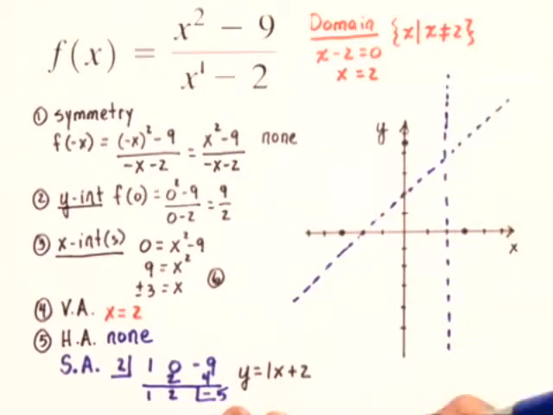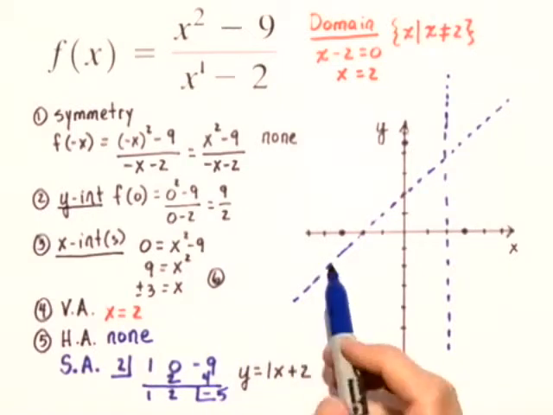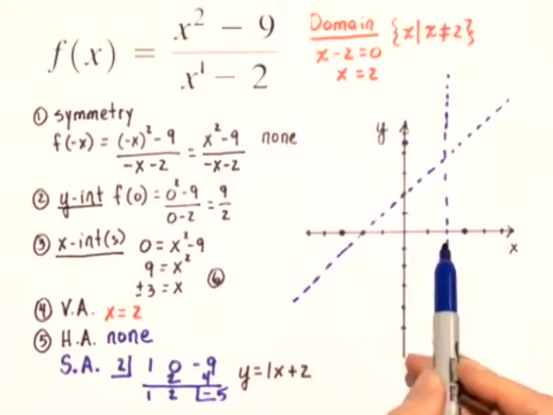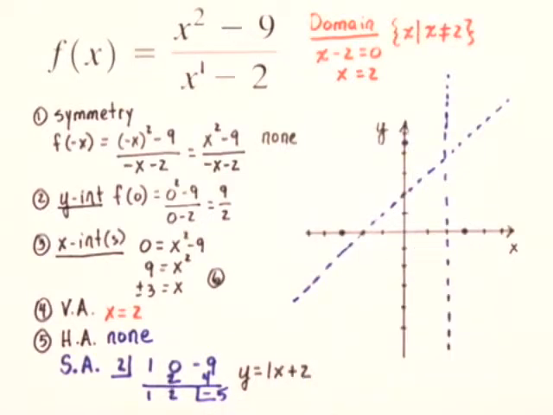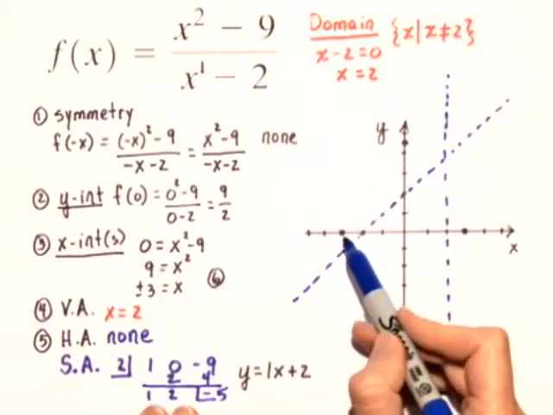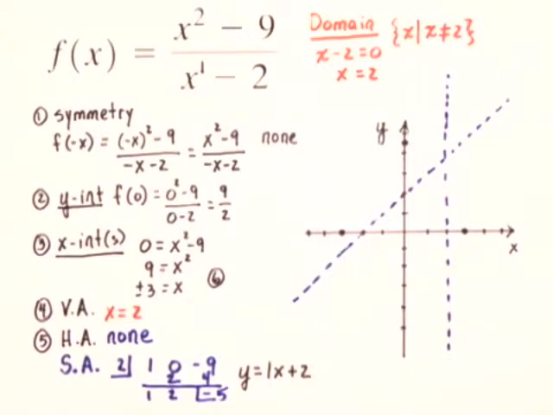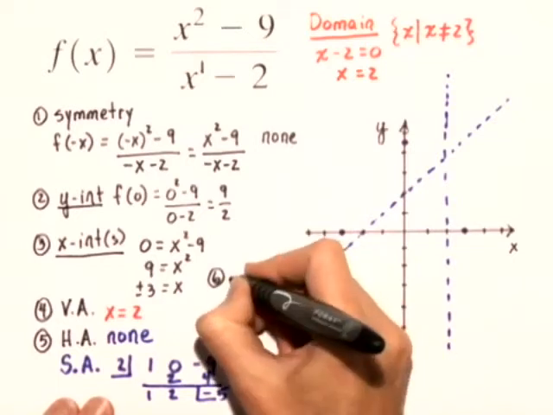So now we want to choose values in number 6 when we plot points such that we have values to the left of x-intercepts, to the right of x-intercepts, and to the left and right of our vertical asymptote. Well, we can see right now if we choose a value to the left of negative 3, we could choose, say, negative 4 for x.